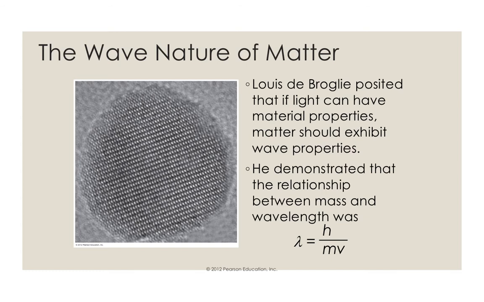All right, so that got us going down this idea that energy is quantized, or quantum things having to do with atoms. Around the same time, another scientist by the name of Louis de Broglie comes up with this idea, and he says, if light behaves like matter, where it has specific energies it can have, and it's going to be related to little particles like electrons, then matter should exhibit wave-particle properties as well.